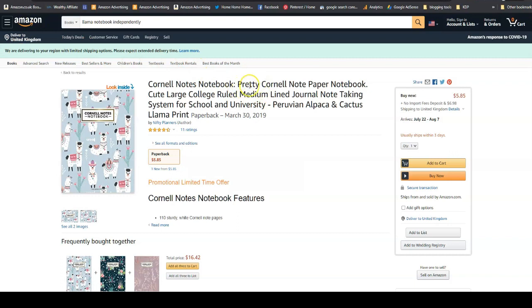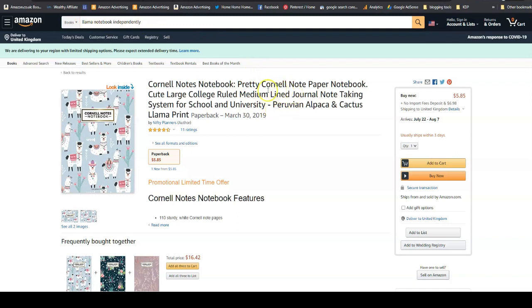So that is okay. I wouldn't put it in the title, but in the subtitle, words that are positive, that describe the book, and I told you that titles are a description or an explanation of the book, that is okay because it is a pretty notebook, and some people might be looking for pretty notebooks and they might type that in here, and that is your keyword right there.